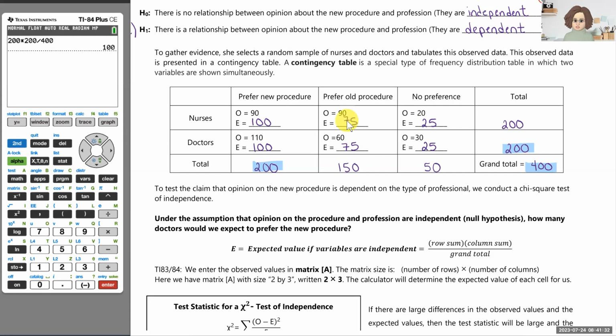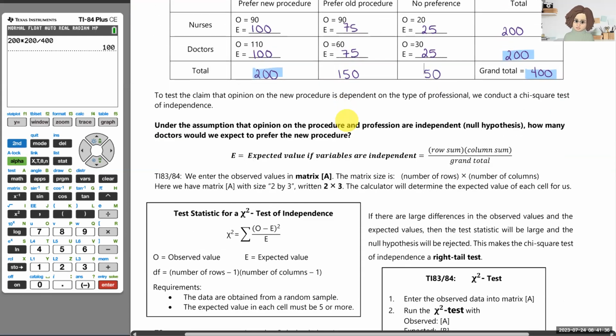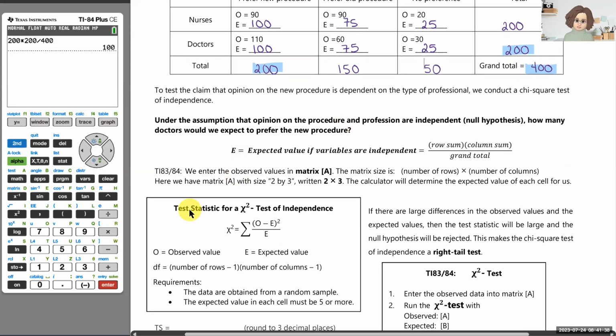So let me show you how to conduct the test using technology. I'm just going to mention here that I did give the formula by hand for the test statistic, or test value equivalently. It will be a chi-square variable, and it's based on looking at observed minus expected.